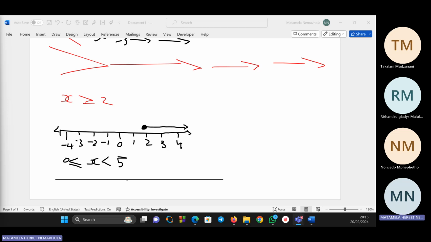Here in this one, you're going to start, maybe you can indicate that this is 0 there. 1, 2, 3, 4, 5, 6, and 7.